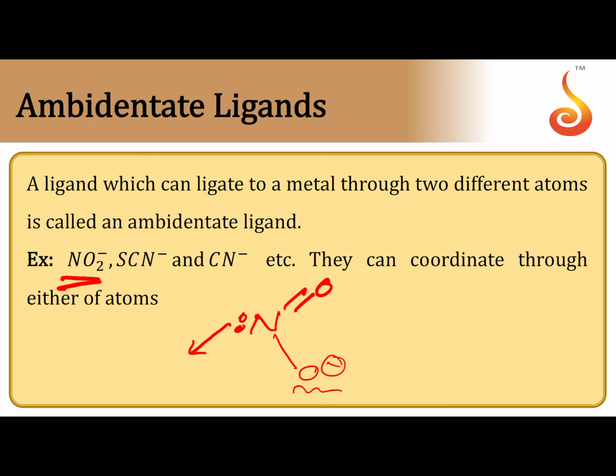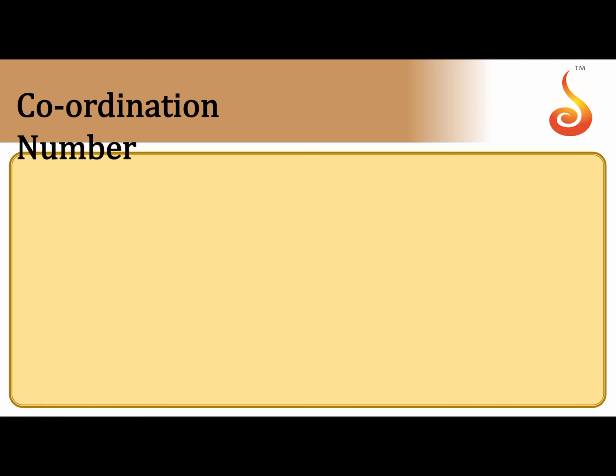It can donate either with the lone pair of nitrogen or with the lone pair of oxygen. When it forms a dative bond with nitrogen, it is called nitrito-N. When it forms a dative bond with O, it is called nitrito-O.